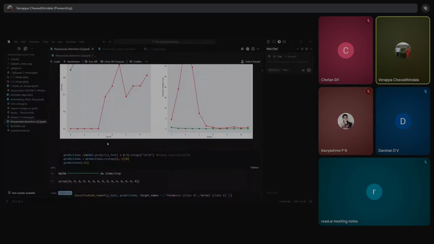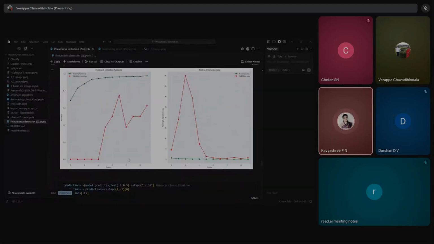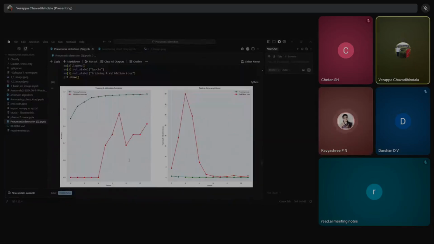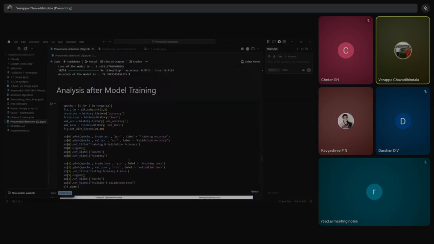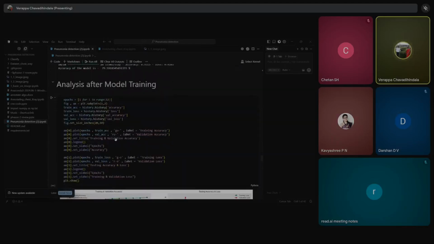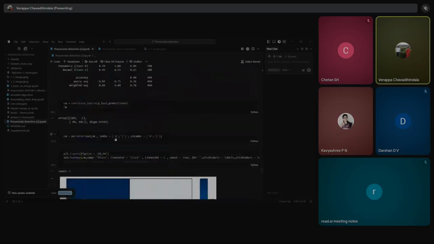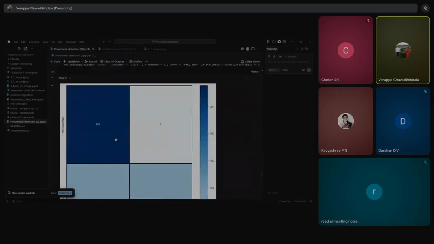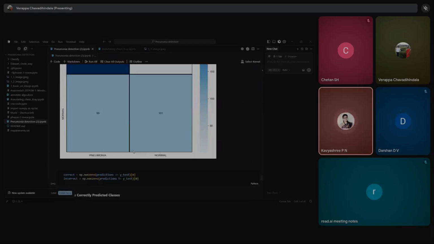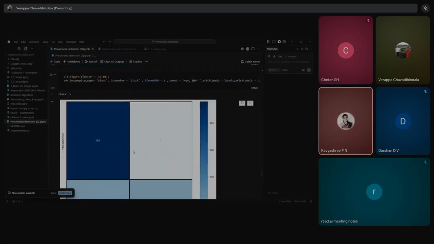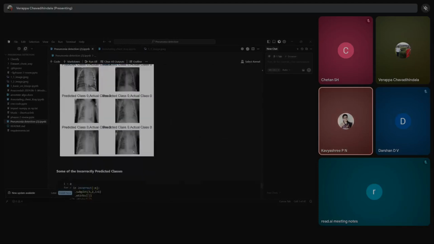Here you can see, ma'am. Zoom it. Training accuracy, F1 score, model trained, and you can see here. Scroll here. Where is this accuracy showing? Just make it visible.